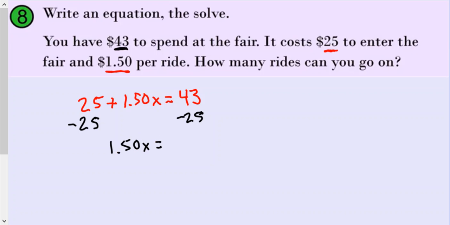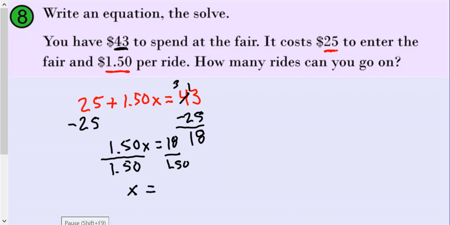And 43 minus 25 will leave us with 13 minus 5 is 8, so 18. So we still have $18 to spend on rides. Now our variable is being multiplied by $1.50, so we're going to divide by 1.50, and we have to do it to both sides. And now we'll have x equals 18 divided by 1.5.